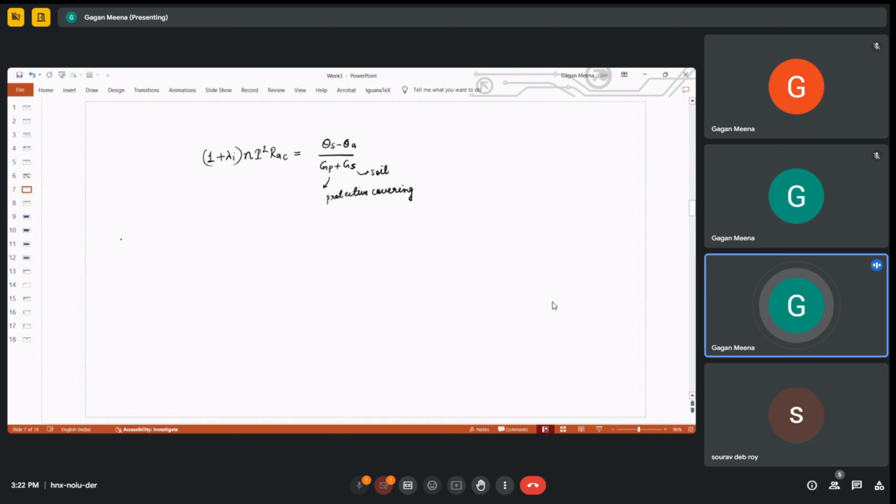And initially what we wrote was that n I square R AC is equal to the heat loss in the conductor, which is to be passed through the sheath.